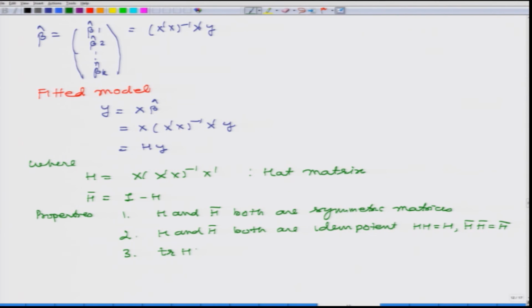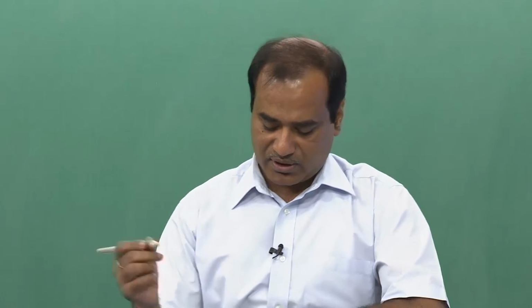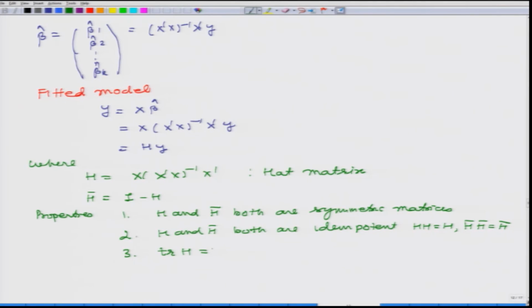What is a trace? Trace is the sum of the diagonal elements of a matrix, right. So, if you try to find the sum of diagonals of the H matrix, this is the trace of X (X transpose X) whole inverse X transpose, and we have a popular result in matrix theory that trace of AB is equal to trace of BA, where A and B are two matrices whose product is well defined.